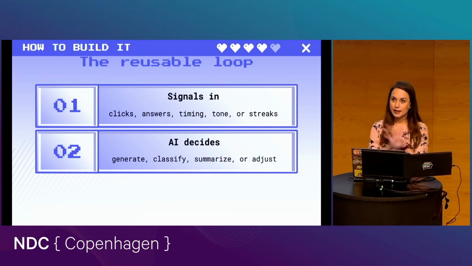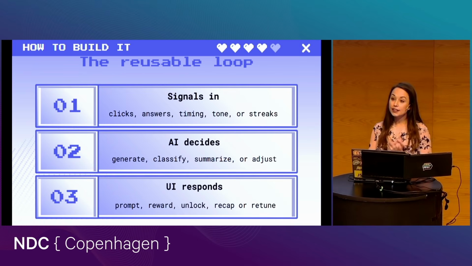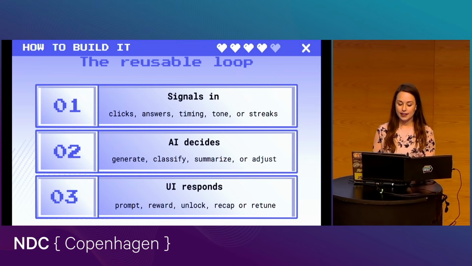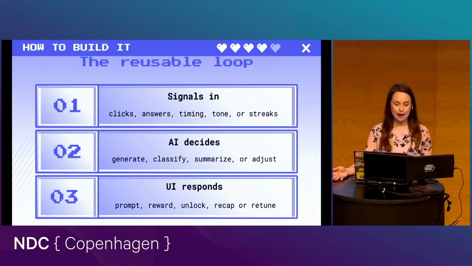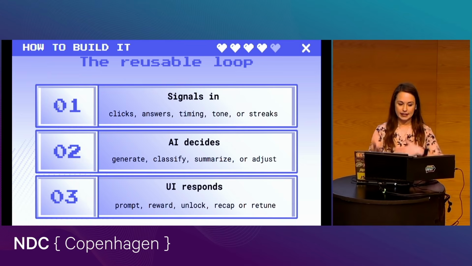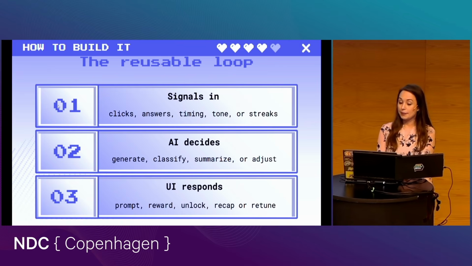We saw that in many different ways of using our AI libraries. And then third is make the UI respond, right? There's no point in having AI do something if you aren't going to show the user what happened. So that could be something like an unlock, reward, or whatever it may be. So that is, hopefully, the pattern that I want you to think about when you're trying to apply this to your own applications.